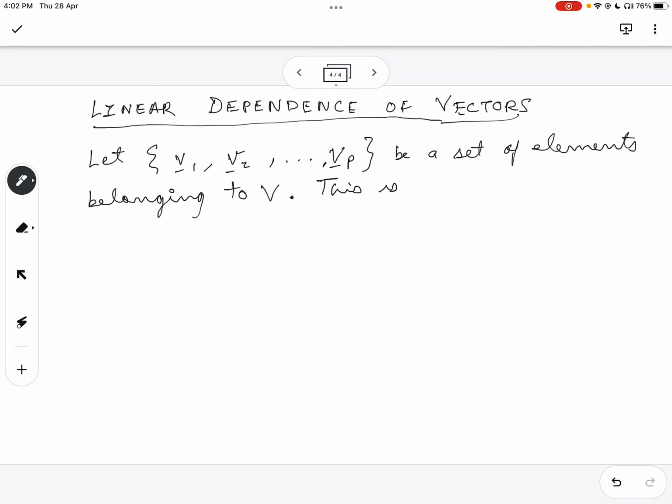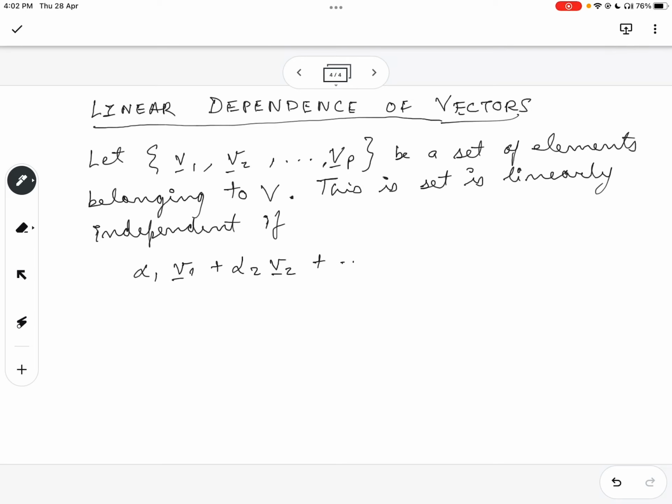This set is linearly independent if alpha 1 v1 plus alpha 2 v2 and so on until alpha p vp is 0.